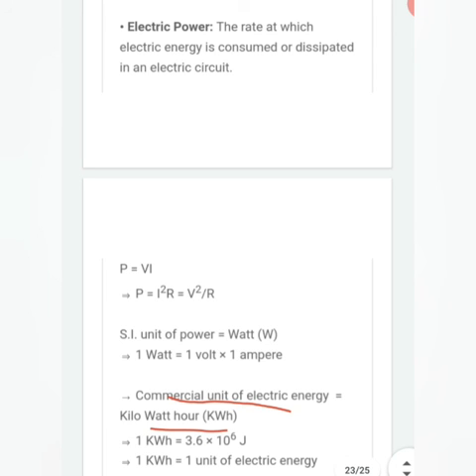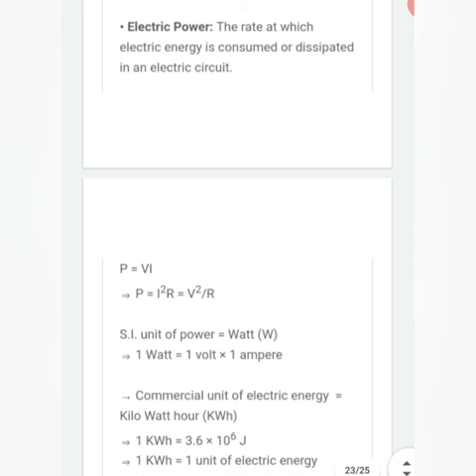It is kilowatt hour. 1 kilowatt hour is equal to 3.6 into 10 to the power 6 joule. This relation is very much important. 1 kilowatt hour is sometimes also known as 1 unit of electric energy.